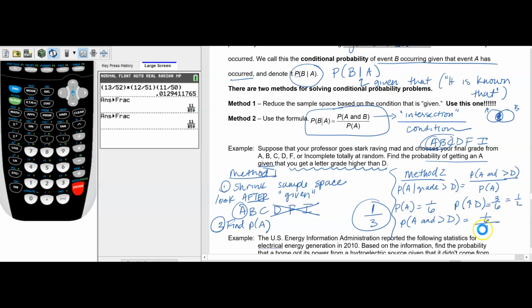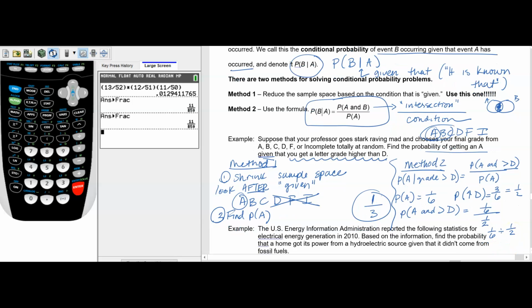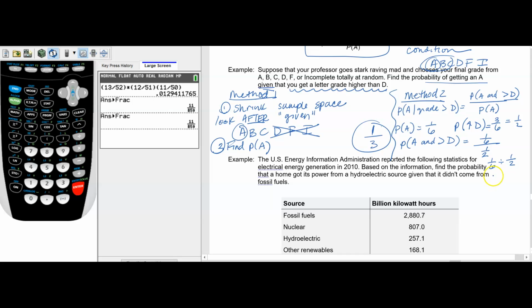And you could use your calculator at this point, or you could write it horizontally. So 1/6 divided by 1/2 is the same thing as 1/6 times 2 over 1. So you get 2/6, which is the same thing as 1/3.